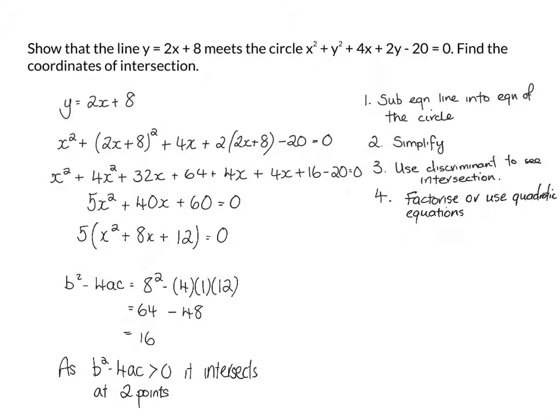So factorize or use the quadratic equation to find your x coordinates. And then once you've done that, you're going to sub in to find your y coordinates. So sub into the line equation to find the y coordinates.